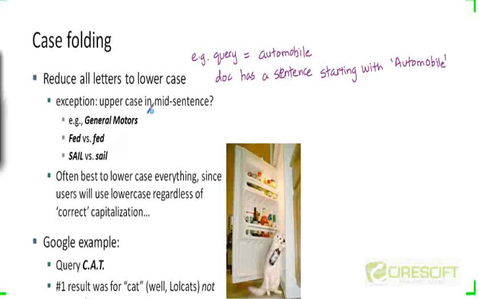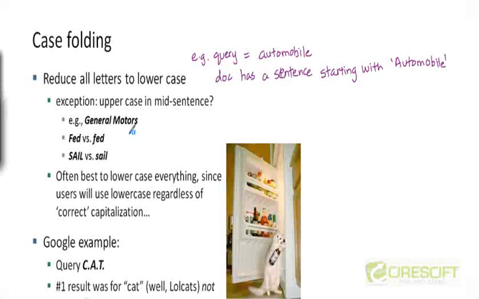For example, if in the middle of a sentence you have words appearing in a capitalized form. So for example, if this company General Motors appears somewhere in the middle of a sentence, because it's a proper noun, it will be capitalized. In that case, you may want to treat it specially because proper nouns usually appear capitalized.